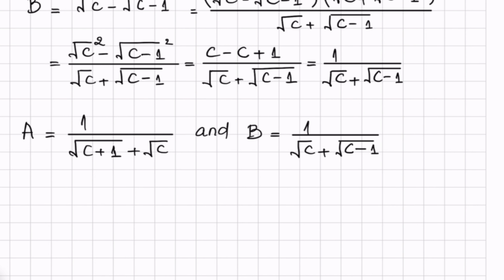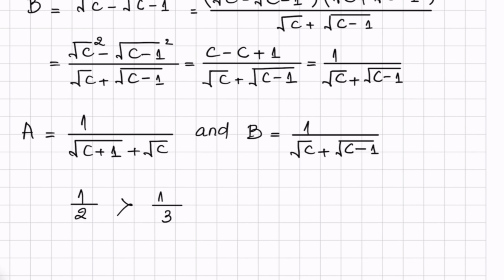Now why do I make these numbers into fractions like this? Look at the example of 1 over 2 and 1 over 3. Which number is greater? 1/2 is greater than 1/3.